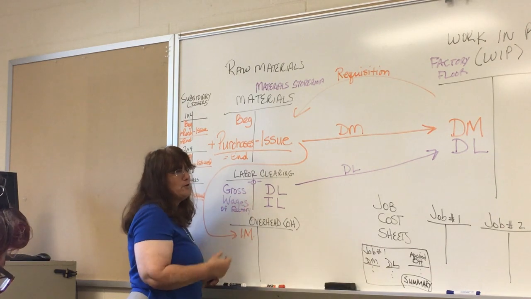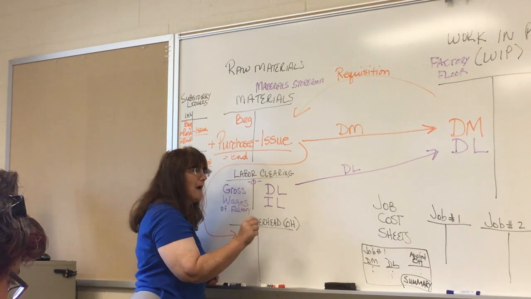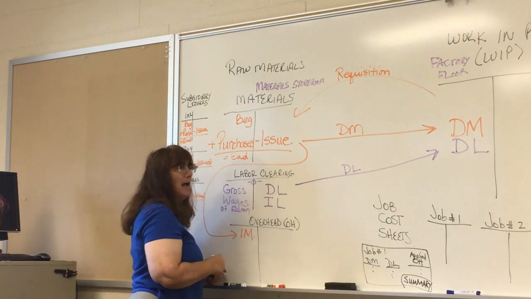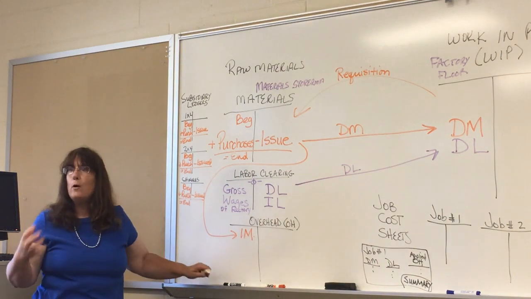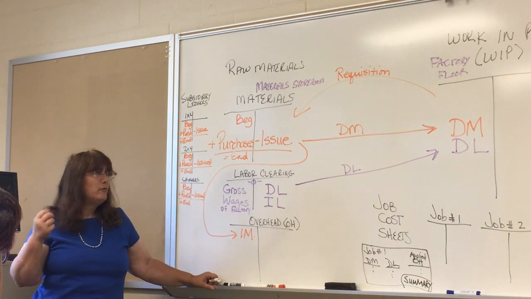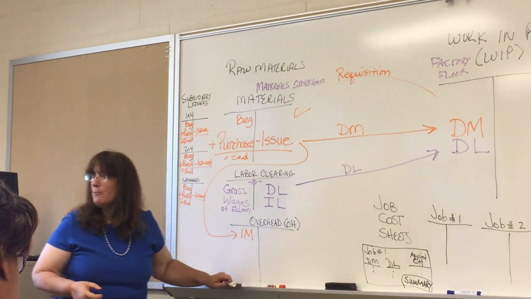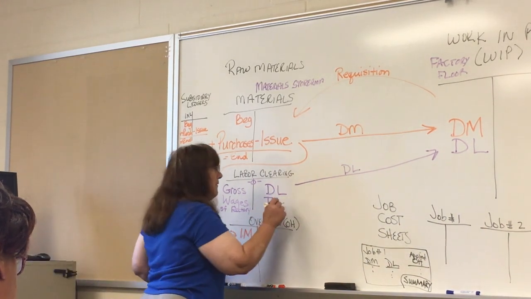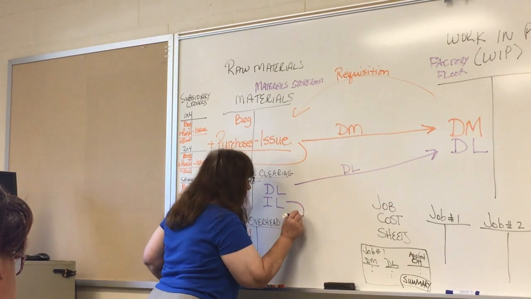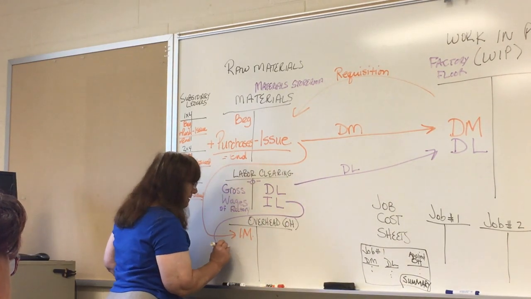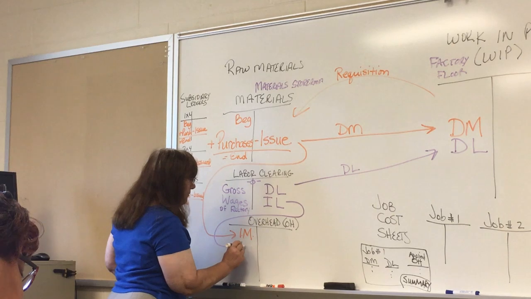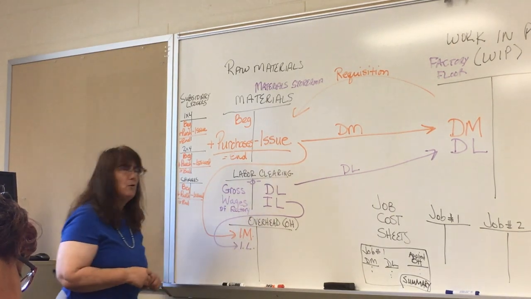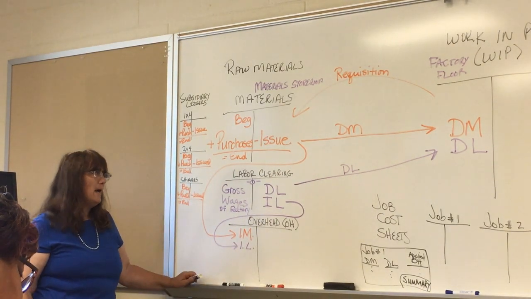We need those for the jobs, but they're not working directly on a job. I can't trace the equipment repairman to job 1, job 2, or job 3. He's helping all the jobs, okay? So that's why it is indirect labor. And so, accounting purposes wise, we will put that into overhead.